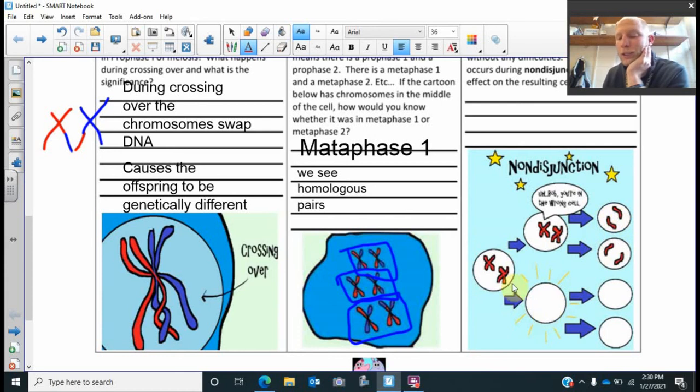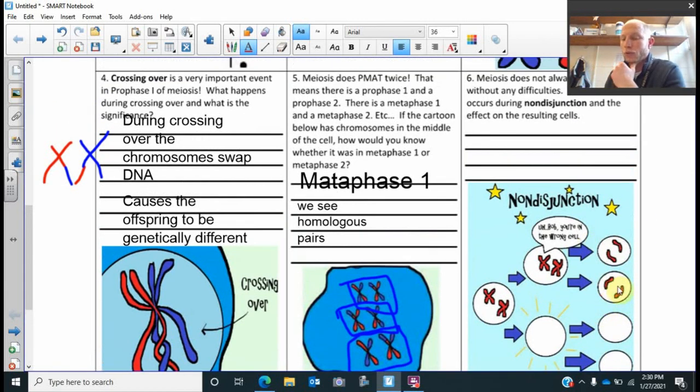This cell down here does not get these guys, and so these cells down here result in no chromosomes. And that's going to be a problem, obviously. If an egg is produced and there's no chromosomes in there, that egg is going to die. There's no instructions for it to do anything. Also, if they have too many chromosomes, so these guys obviously would have too many chromosomes, there is a genetic disorder. So we'll get genetic disorders from this.